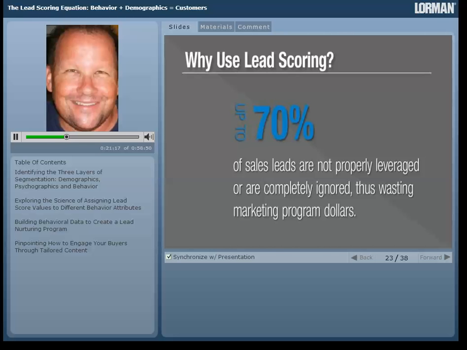Now I want to go over a couple of stats with you just to look at the importance of lead scoring. So up to 70% of sales-ready leads are not properly leveraged or are completely ignored by the sales team, thus wasting marketing program dollars. And this is not because salespeople are lazy or don't want to follow up. It's because all the leads look the same.